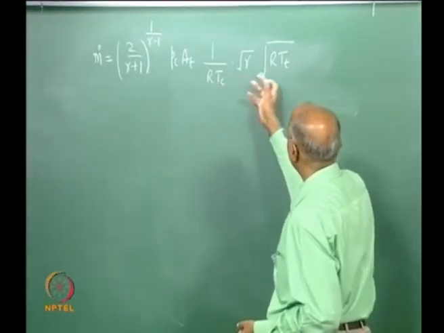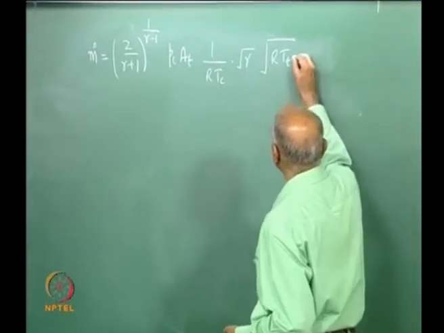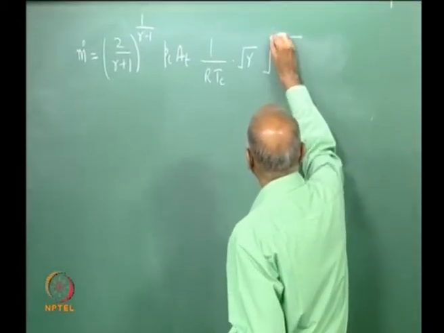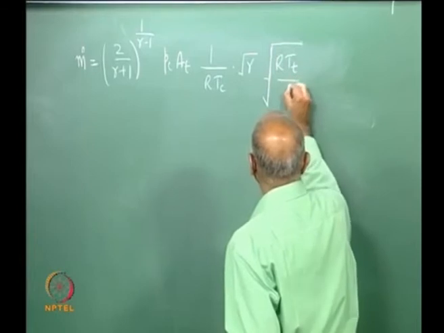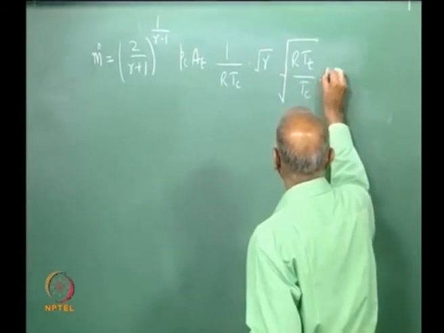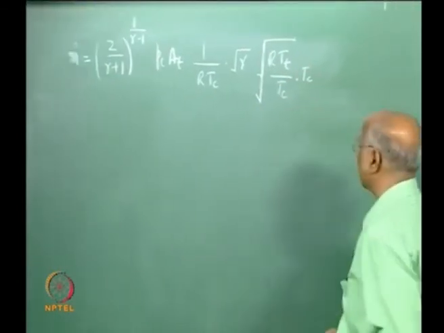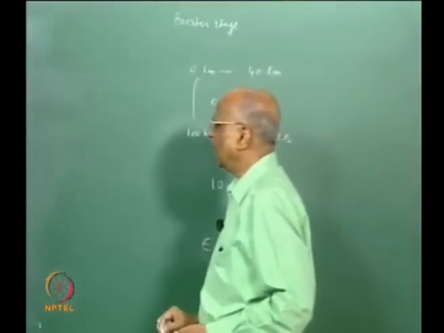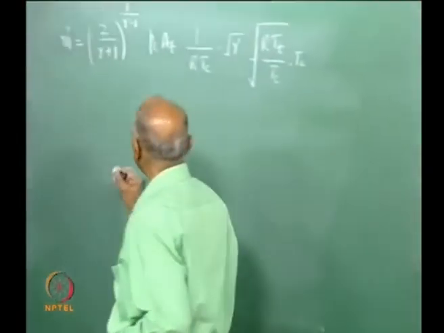Supposing I multiply this by TC and TC here, the expression is still the same. And now if I use this, what do I get?